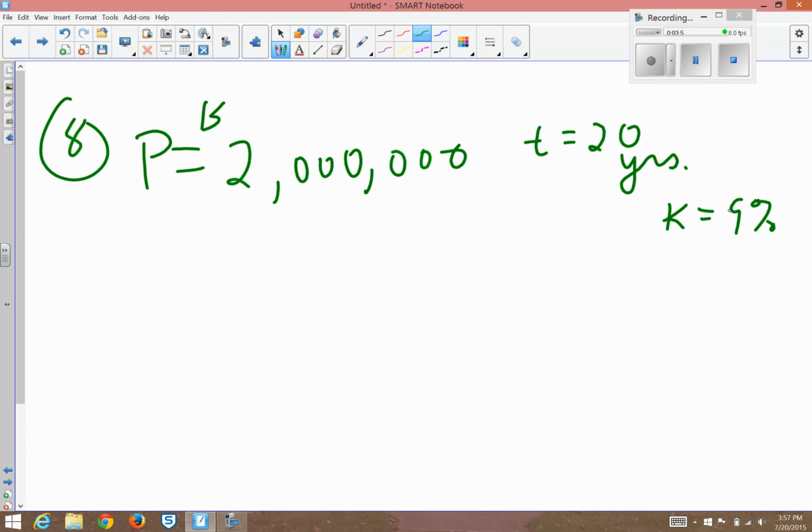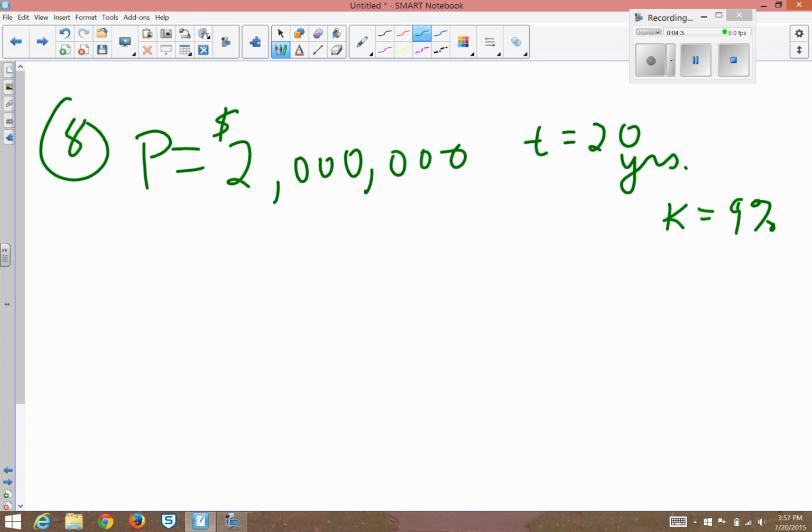This time, number 8 says find the present value of this amount, which will be due, say $2 million is due in 20 years, 9% compounded continuously. So the $2 million in 20 years, the question is how much is it worth now? What is the present value?